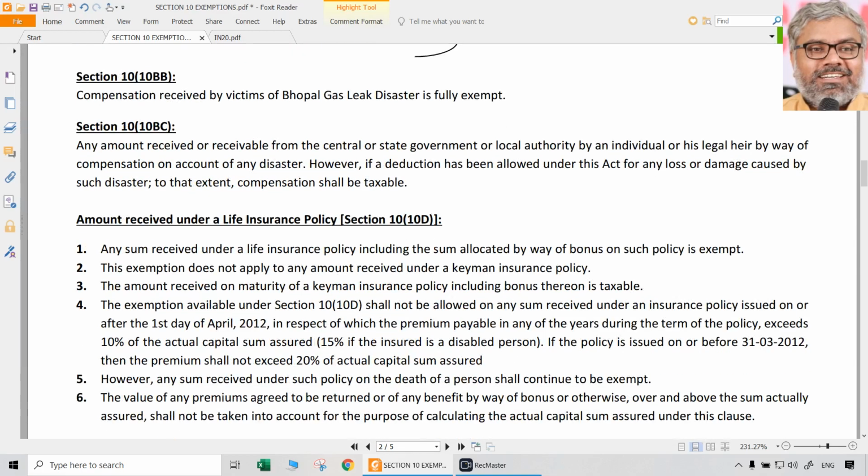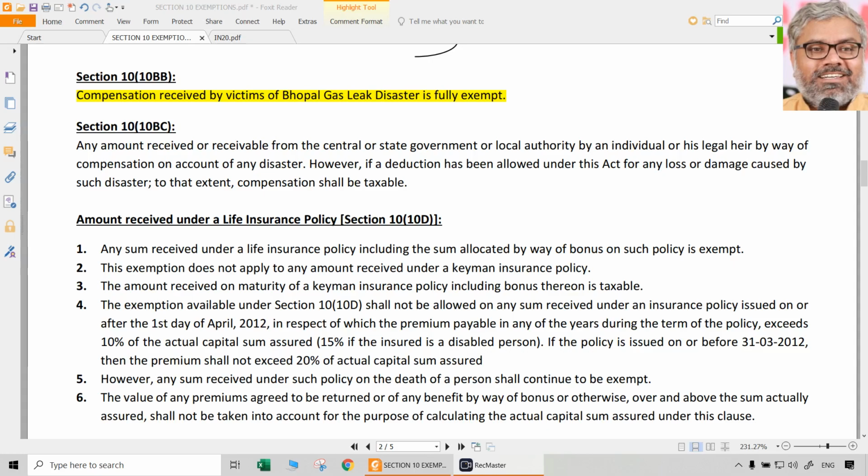Then, coming to section 10(10BB), a simple, general, humanitarian type of exemption: compensation received by the victims of the Bhopal gas leak disaster. In the city of Bhopal, long back, a gas leak happened, a dangerous chemical gas leaked from a factory called Union Carbide, and I'm not sure about the exact number, but hundreds of people died and thousands of people, even lakhs of people, got sick.